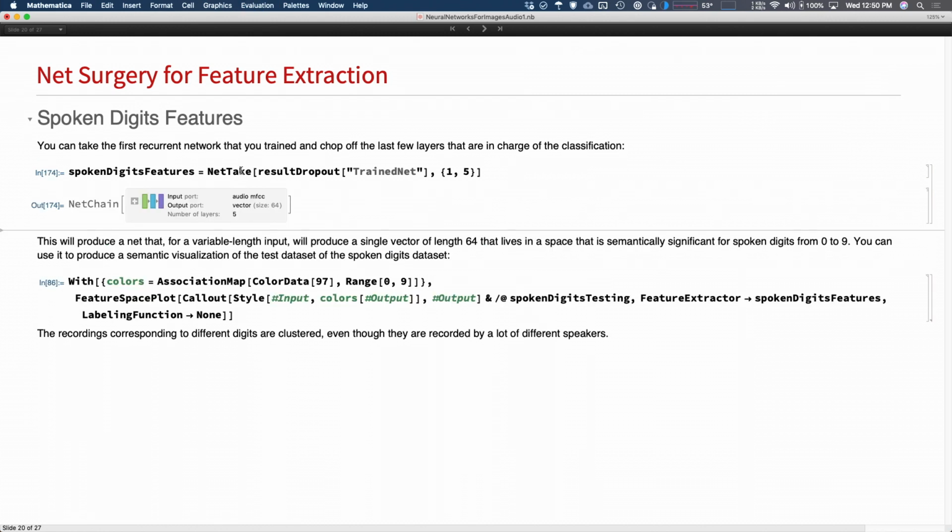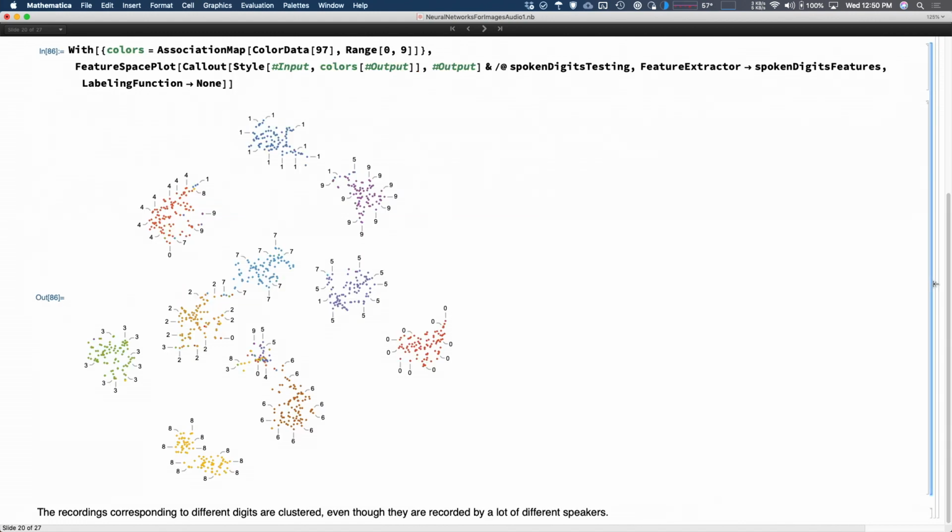And in this case, we will just chop off the head of our recurrent network, and we can use that as the feature extractor for a feature space plot.